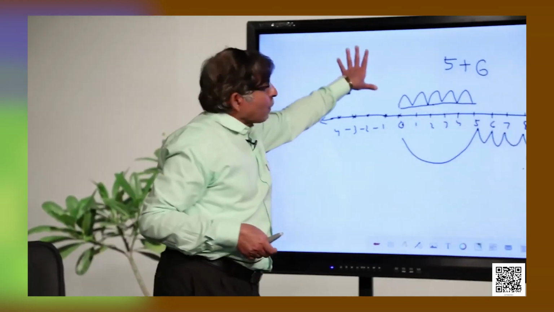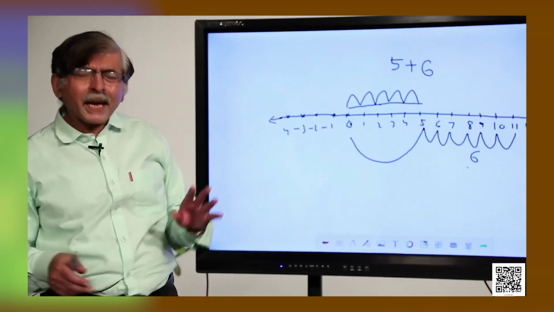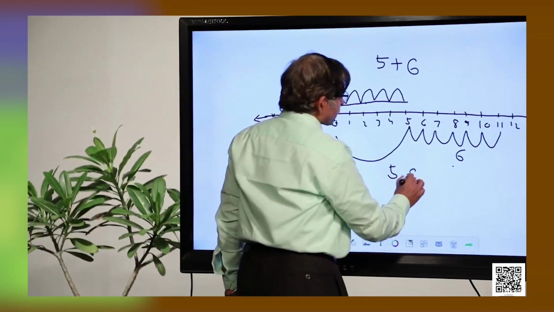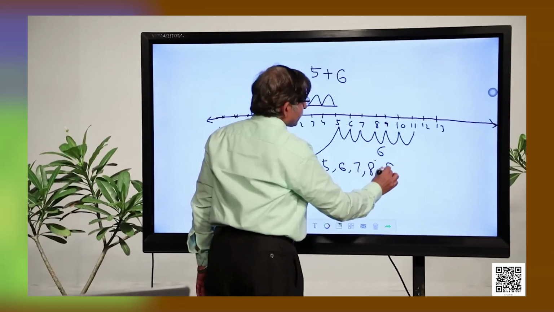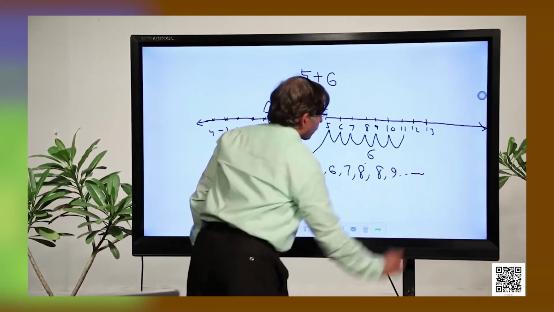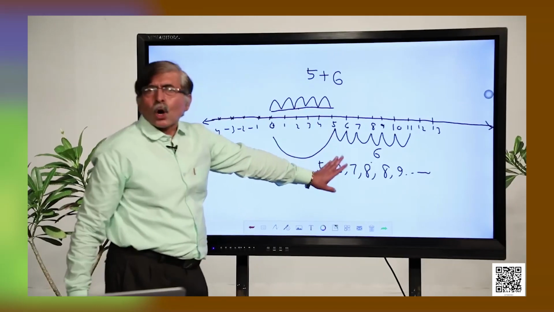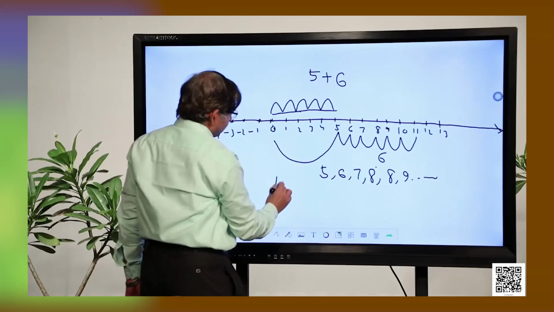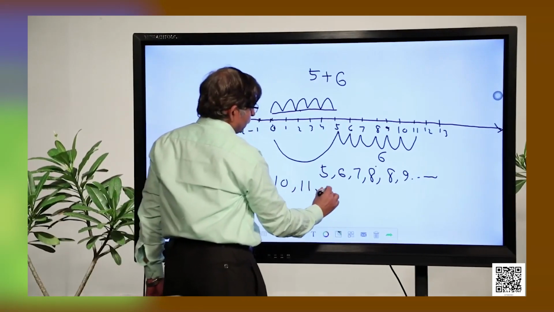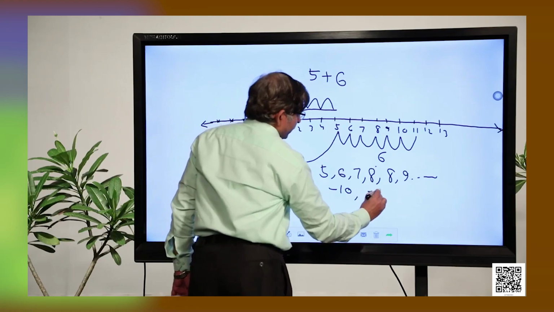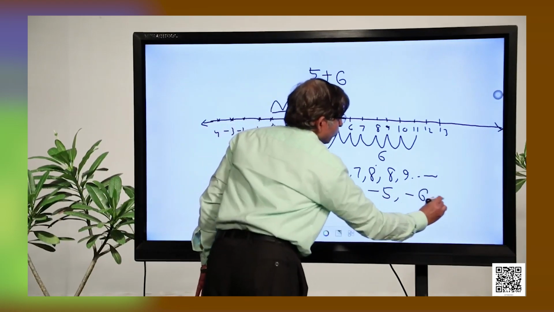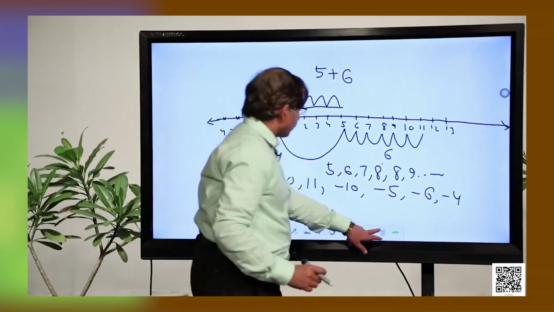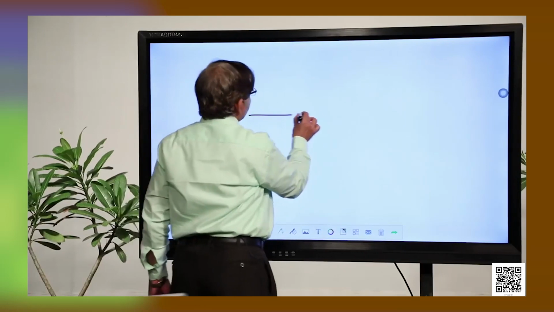So, these are our operations. Any numbers given in ascending order or descending order, like 5, 6, 7, 8, 9, whatever is given, you can represent them on the number line. Suppose we have 10, 11, minus 10, minus 5, minus 6, minus 4, etc. We can represent them.